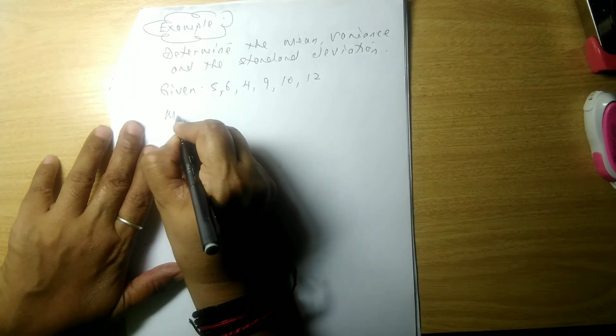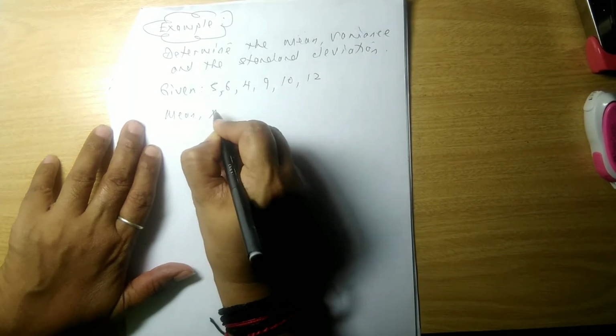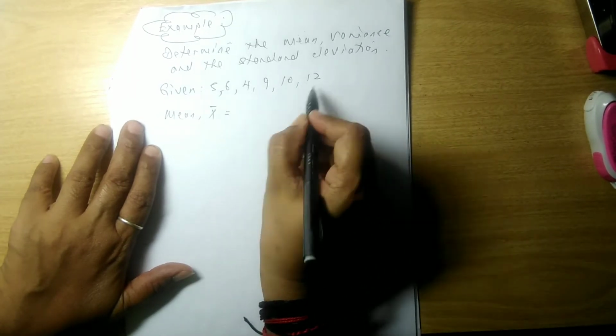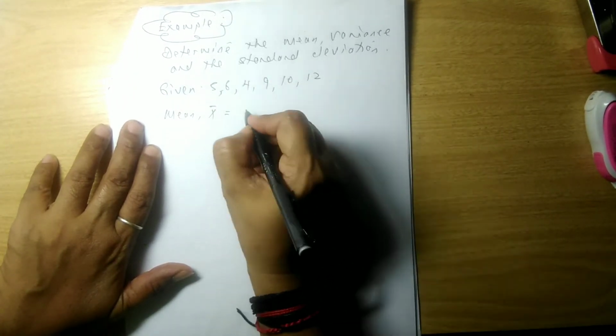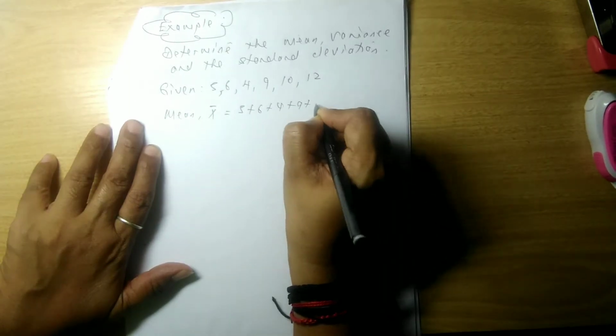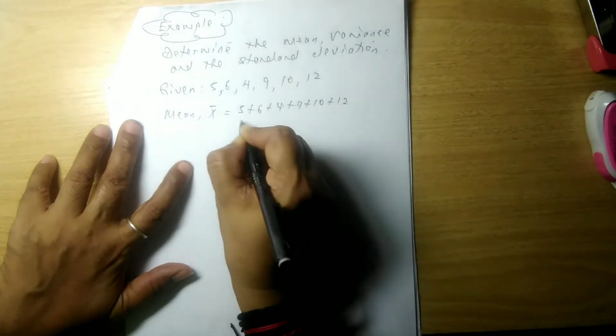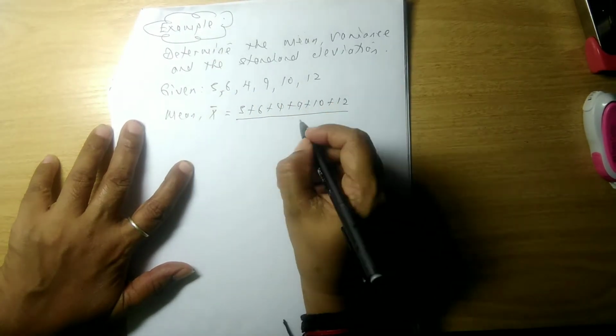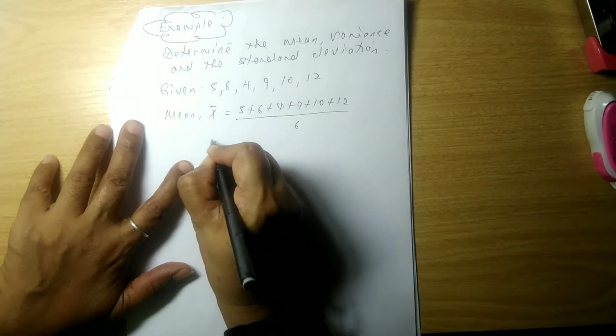So it's adding up all of these, 5, 6, 4, 9, 10, and 12 over, how many do we have? 1, 2, 3, 4, 5, 6. I've got 6.